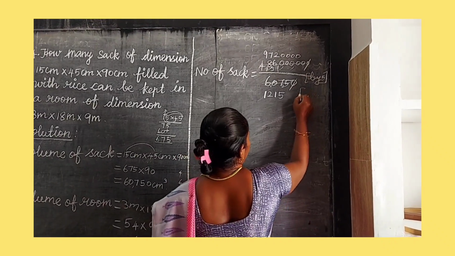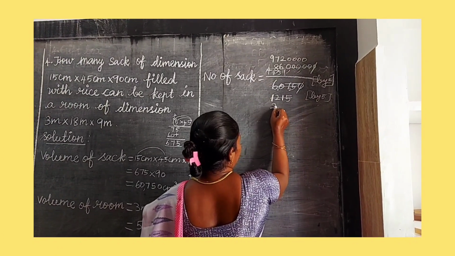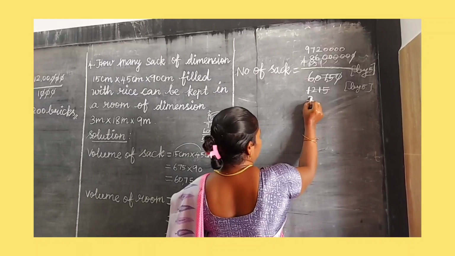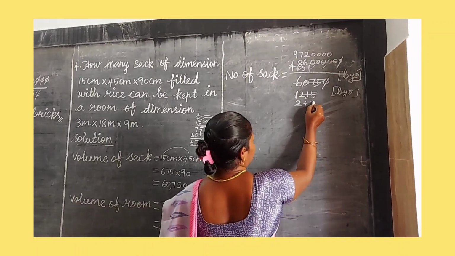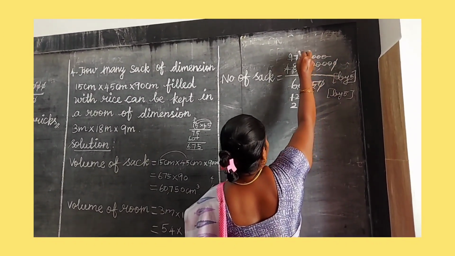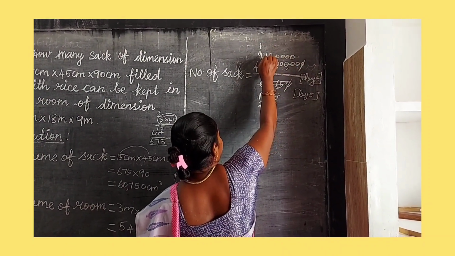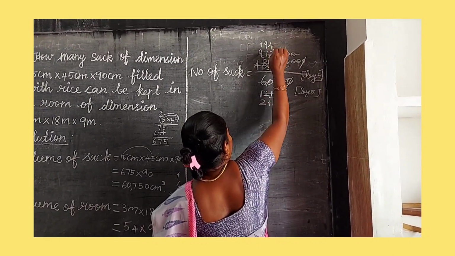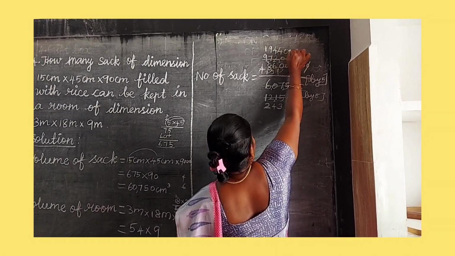Next again take the 5 table. 2 fives are 10, carry 2, 4 fives are 20, carry 1, 3 fives are 15. So take the next 5 table to cancel the value. 1 five is 5, carry 4, 9 fives are 45, carry 2, 4 fives are 20, carry 2, 4 fives are 20, adding 3 zeros.